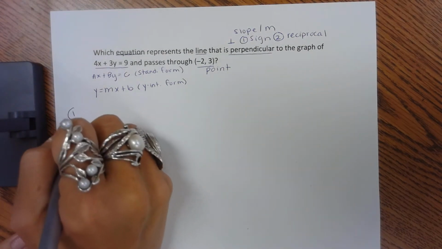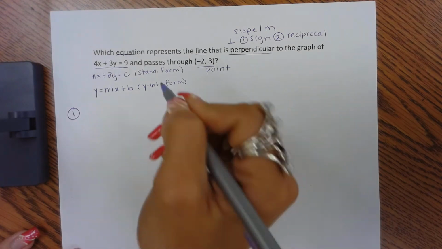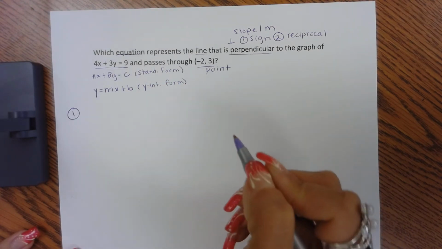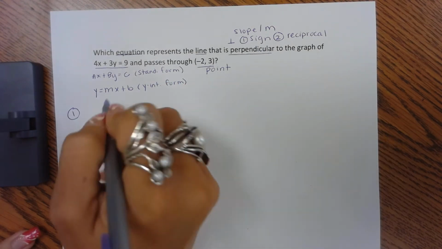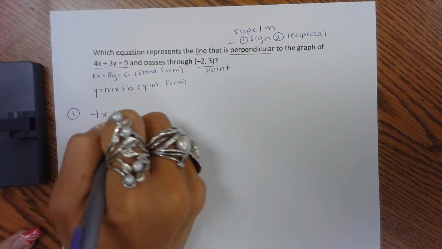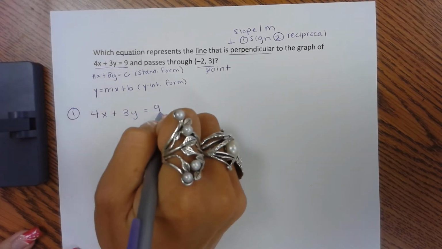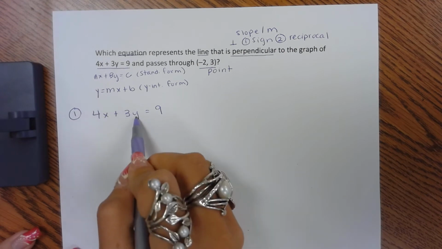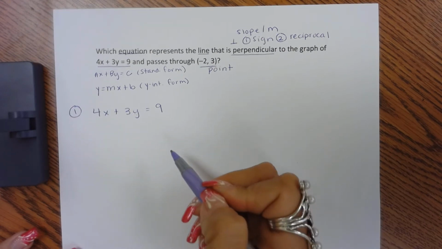So step one is to change that from standard form to y-intercept form so we can find the slope. If we have 4x plus 3y equals 9, we need to get y alone, by itself.